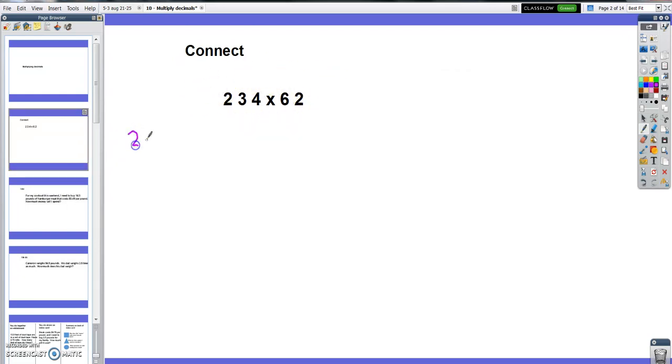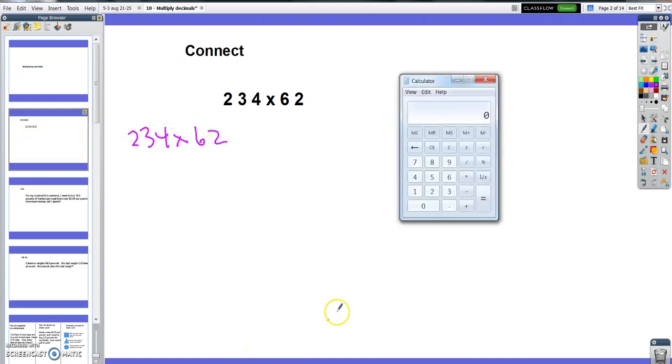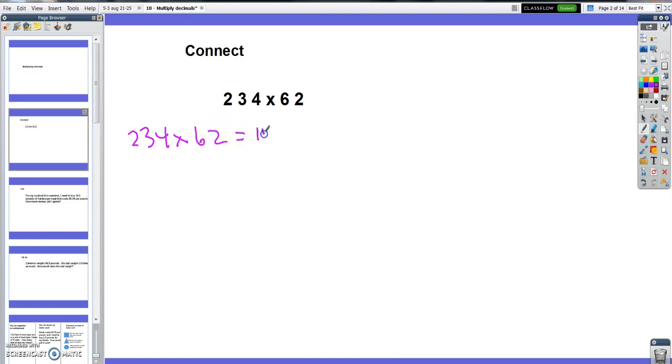Ready? I'm going to multiply 234 by 62 first with no decimals. I'm just going to show you the answer. 234 times 62 is 14,508. Now what if I put a decimal there?